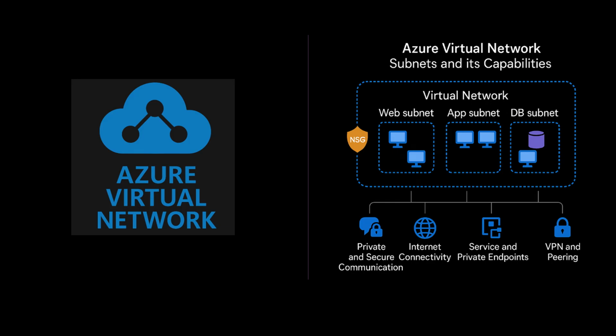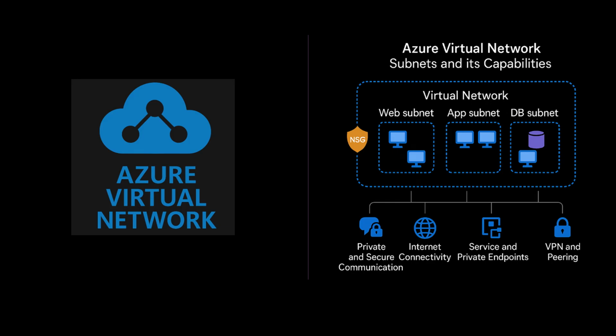If you want to integrate Azure services directly into your network, you can use service endpoints to allow secure connections to services like Azure Storage and SQL over the backbone. For even more isolation, private endpoints let you assign private IPs from your subnet to those services, keeping traffic fully contained within your VNet.